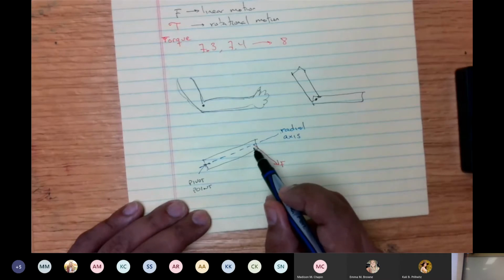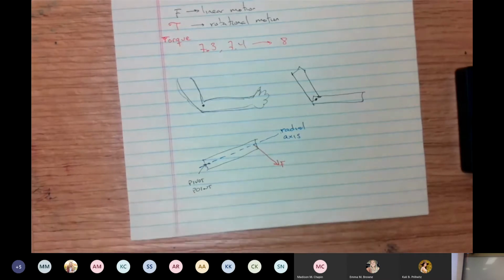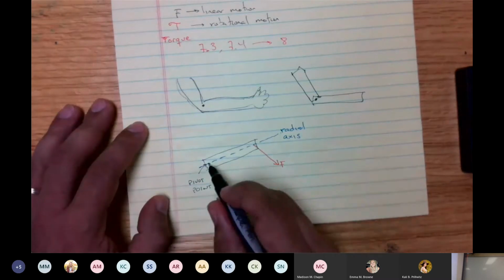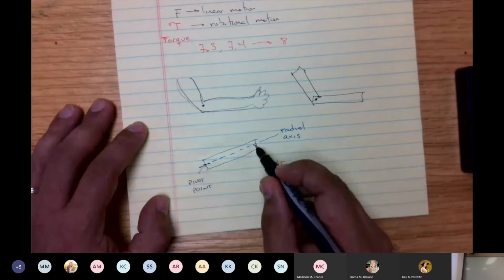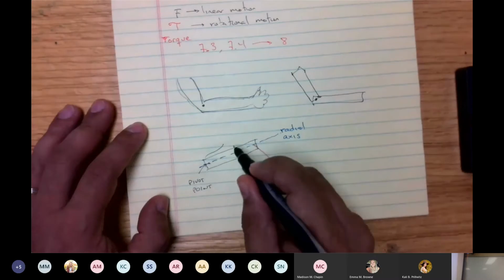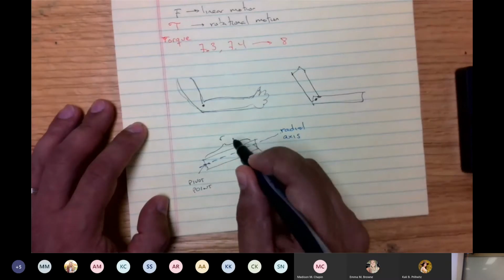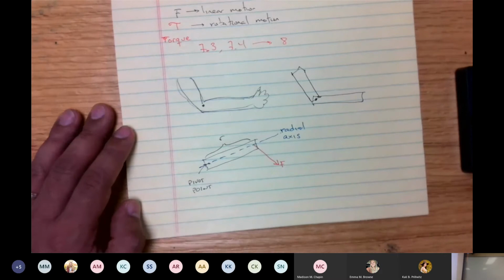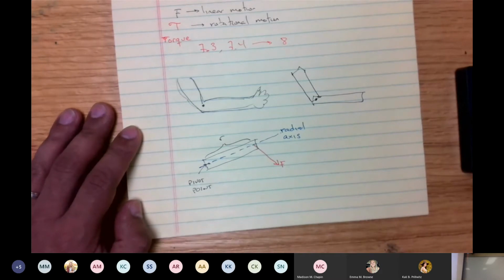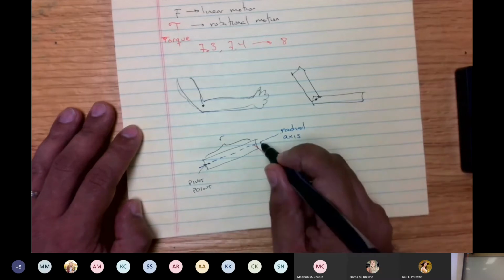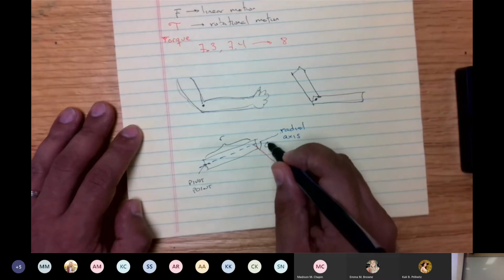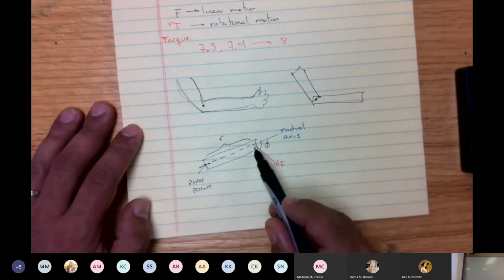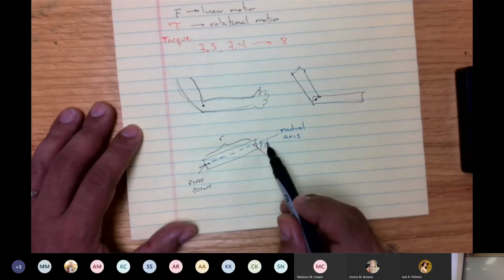Okay? Now, there are a couple of things that I can measure. I can measure the distance from the pivot point to the force. So this distance is going to be the radius, r. And the other thing that I can measure is this angle over here. This angle is basically the angle between your radial axis and your force.